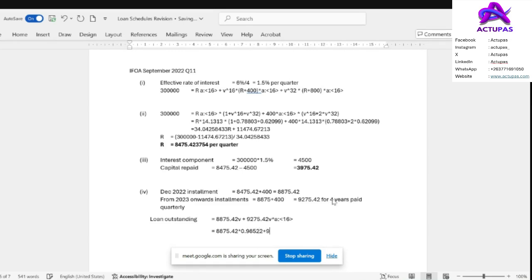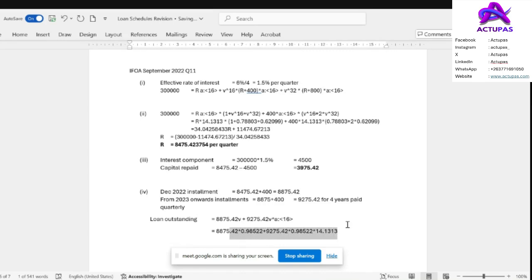plus 9275.42 times our V of 0.98522 times our A16 from the tables of 14.1313.